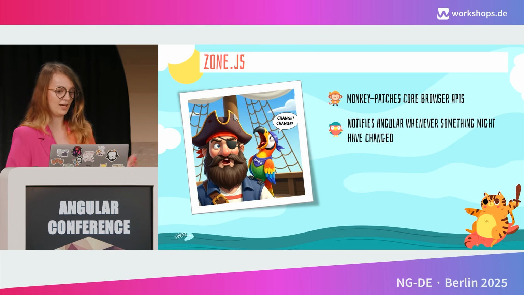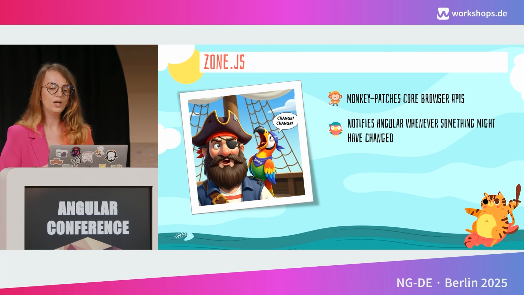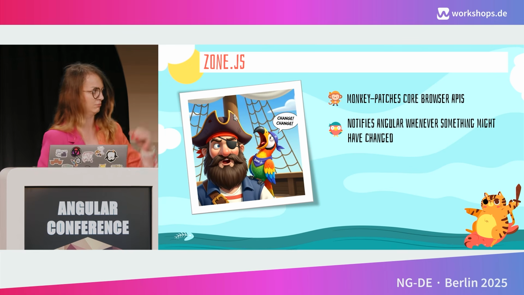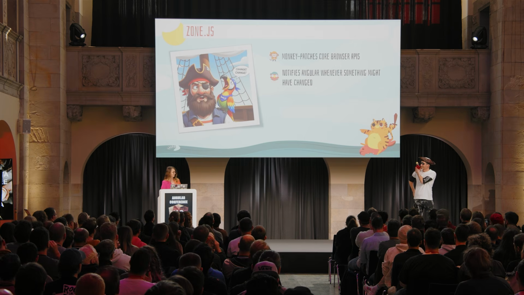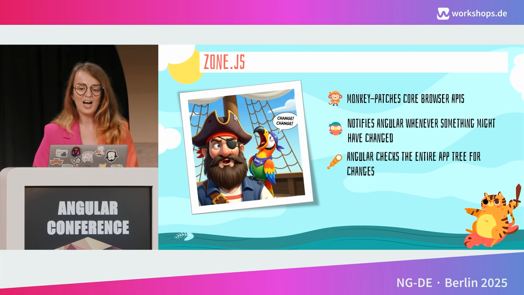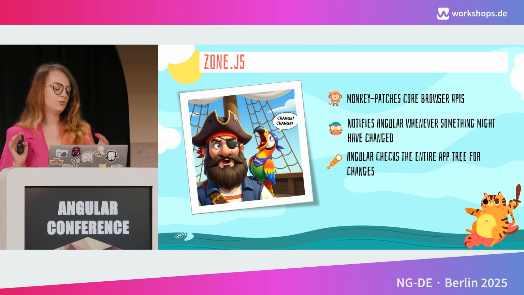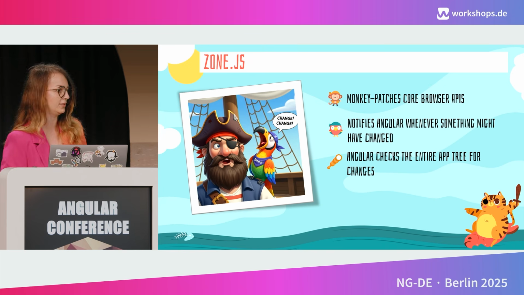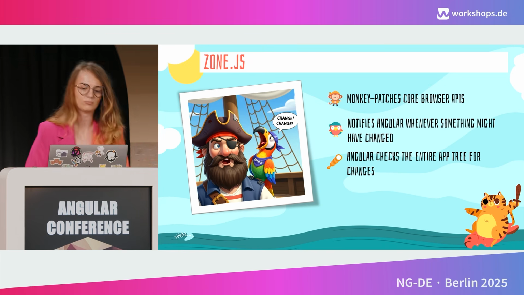And after that, it notifies Angular whenever something might have changed. And then Angular has to check the entire application from top to bottom, because Angular doesn't know where exactly this change occurred.